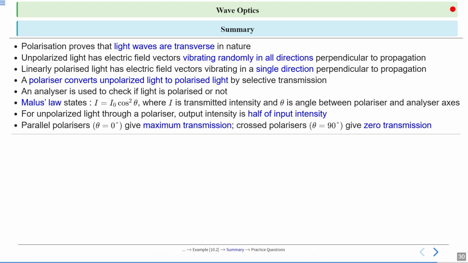When two polarizers, that is the polarizer and analyzer, are parallel, meaning their transmission axes are parallel, theta is 0 degrees and this gives the maximum transmission of light through them. And when the transmission axes of two polarizers are crossed, the transmission of light through the two polarizers is 0, when the angle theta is equal to 90 degrees.